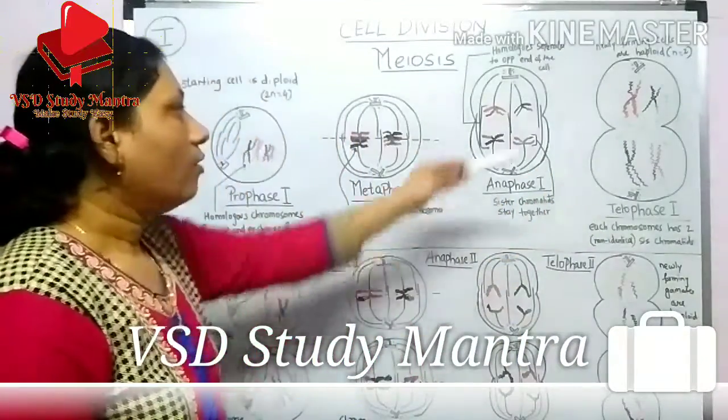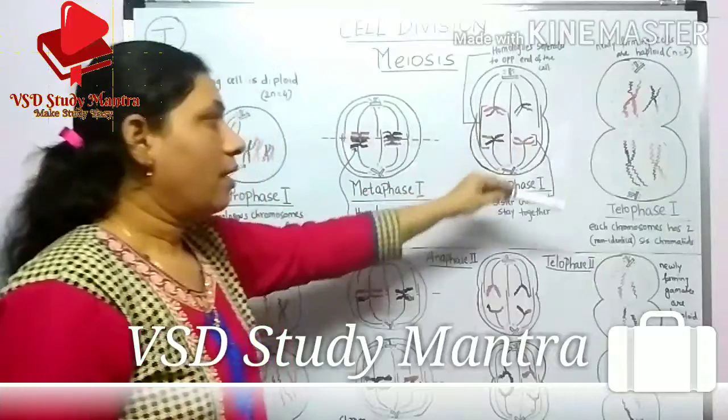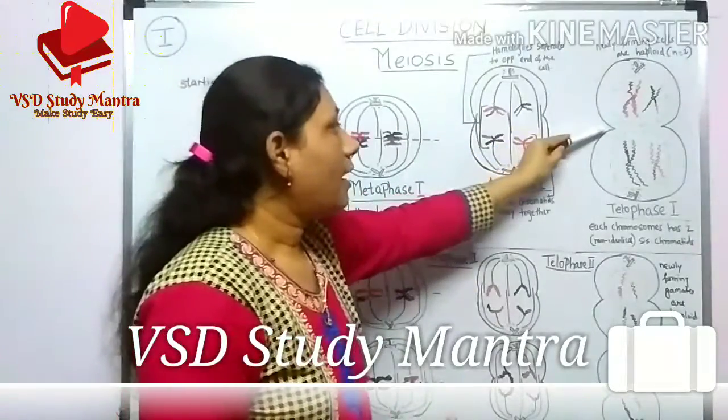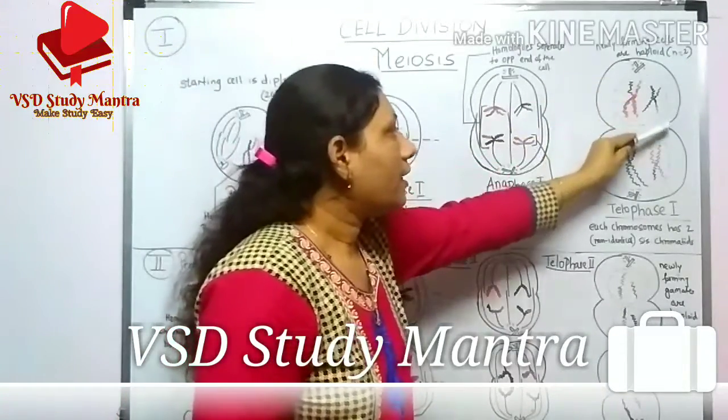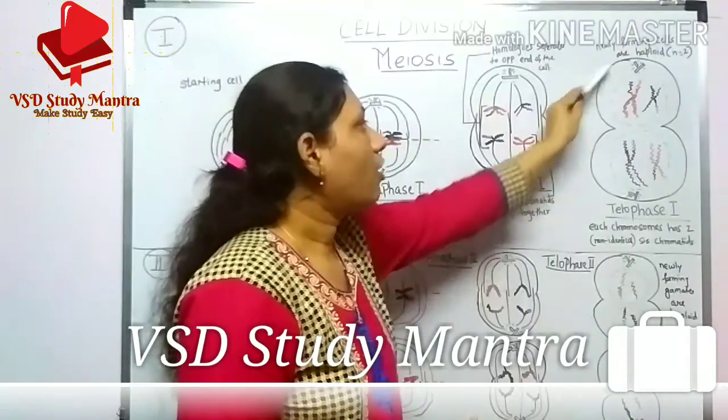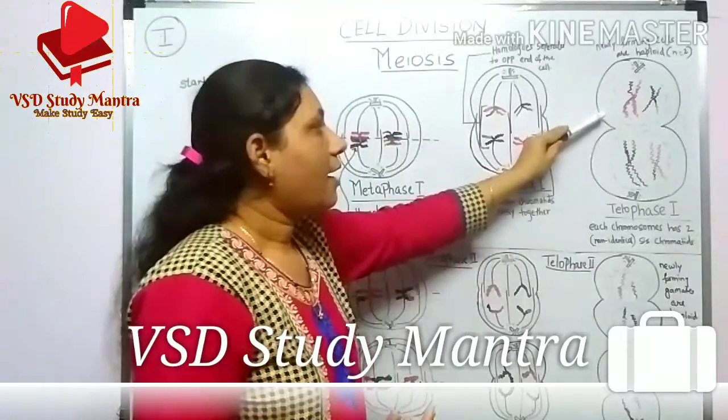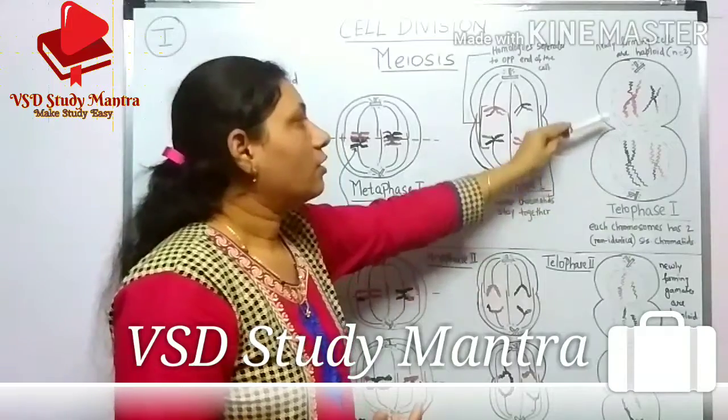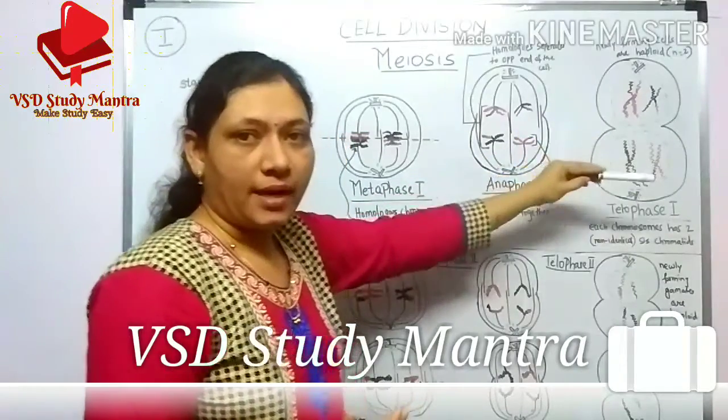Now in this cell, the cell membrane also constricts, and by constriction the two cells are separated.